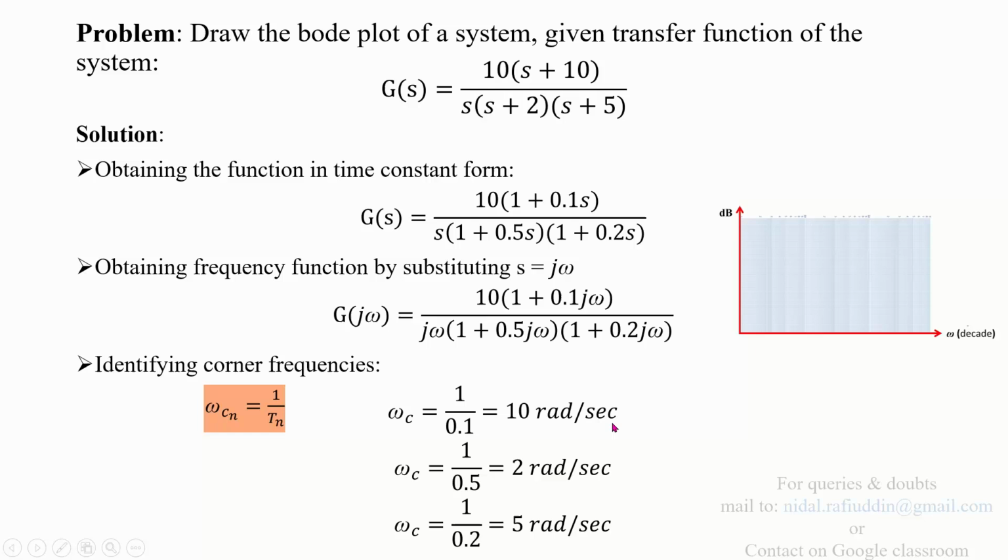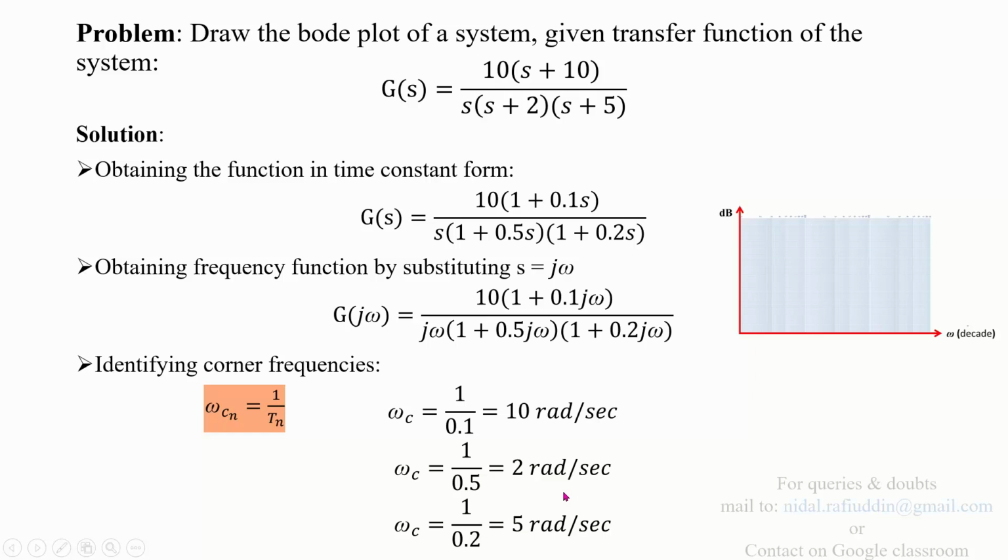Corner frequencies are the frequencies where the Bode magnitude plot will take a turn. So we'll have to mark these frequencies on the semi-log paper on the x-axis. Before marking them on the x-axis, we'll first assign labels to decide which of them is first.